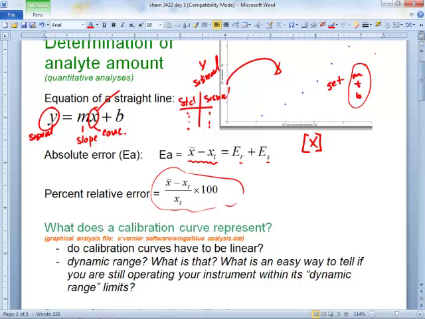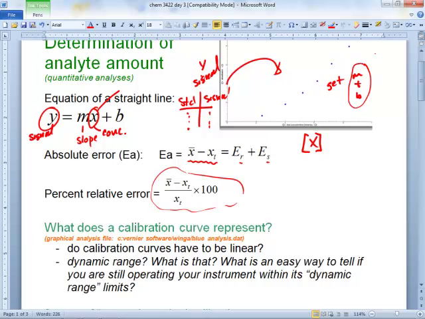That's how you always do it. You don't do it this way. Oh, here's my signal of my unknown, and then do a little ruler thing. No, right? Plus, no one does this by hand anyway. You're sitting there on the computer screen. So you calculate it. Plus, the odds are you're never going to fall on one of these data points. You're always going to be somewhere in between. So you calculate it. And that's what we'll be doing a lot in lab.